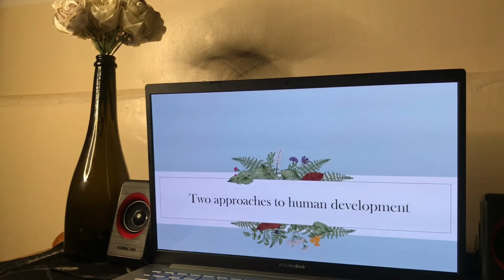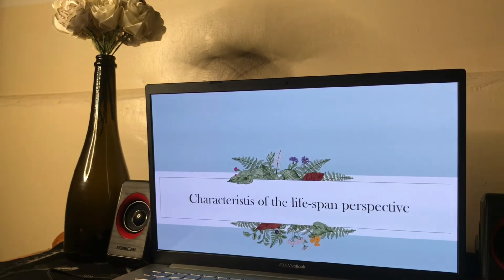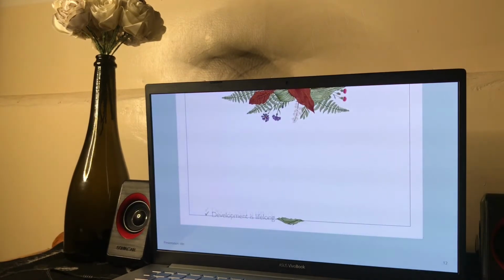So these are the two approaches to human development. The first is the traditional approach and the second is the lifespan approach. These are the characteristics of lifespan perspective, and this is according to Paul Baltes, Santrock 2002.